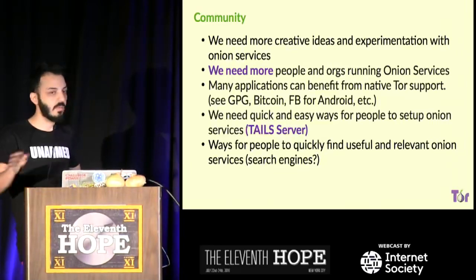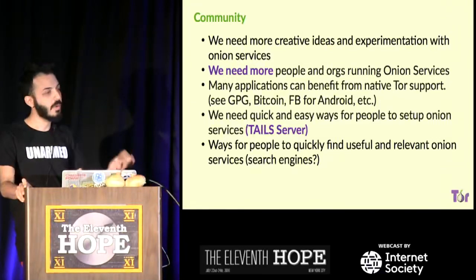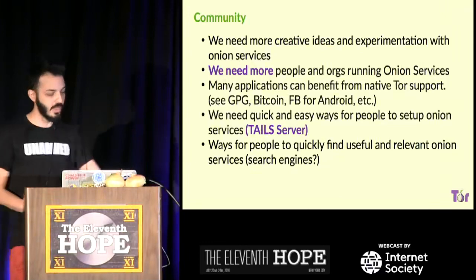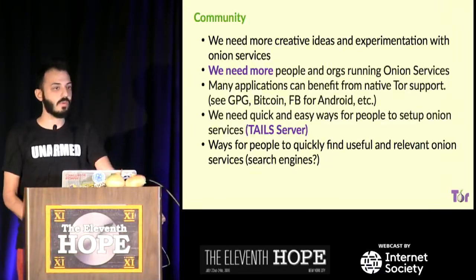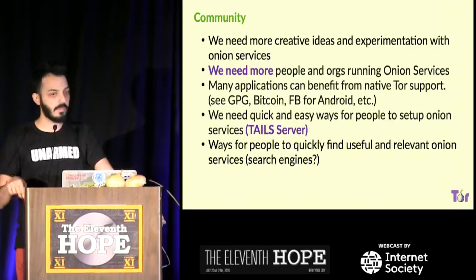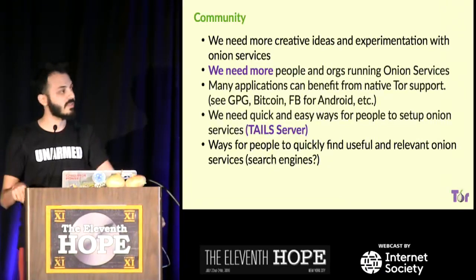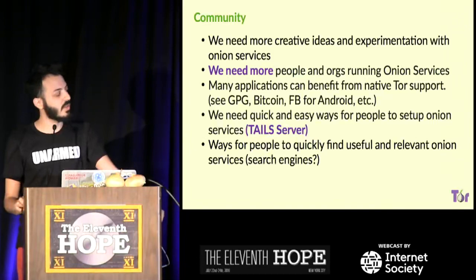We need more people to run Onion services because that way we can find the problems. Many applications benefit from native Tor clients in their application, and also native Onion addresses.